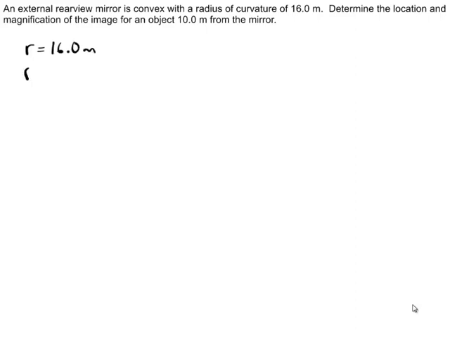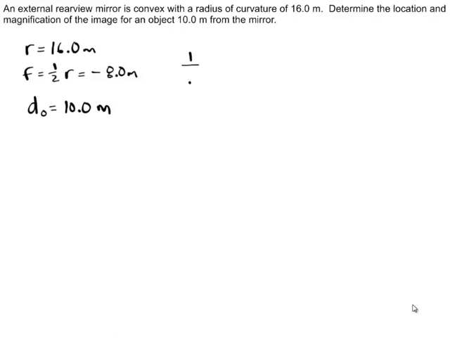And if you remember, the focal length is half of that, so that's going to be 8 meters. But because it is a diverging or convex mirror, that's going to be -8 meters. That's the important thing. If you get this wrong, you will not get the right answer. Because basically, if it's positive, you're saying it's a concave mirror or a converging mirror, and this is the opposite. The object distance is 10 meters away. Object distances are always positive. Same thing with object heights.